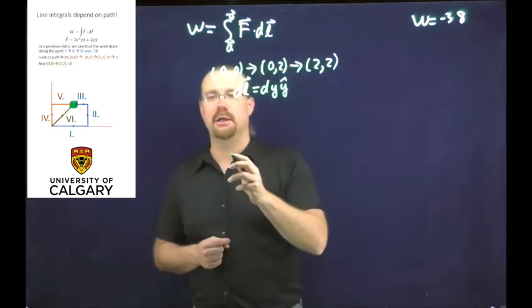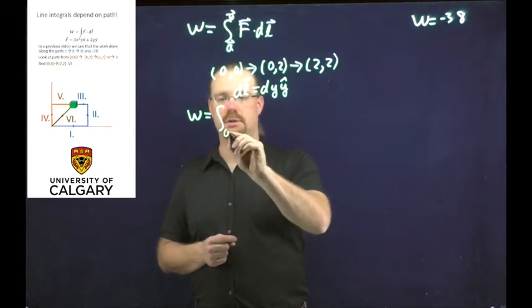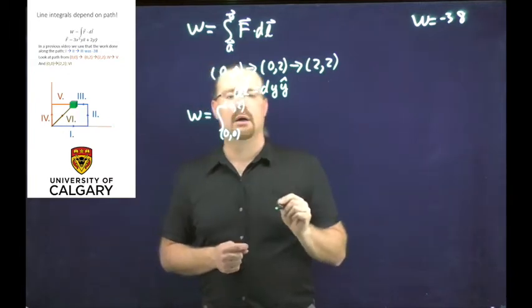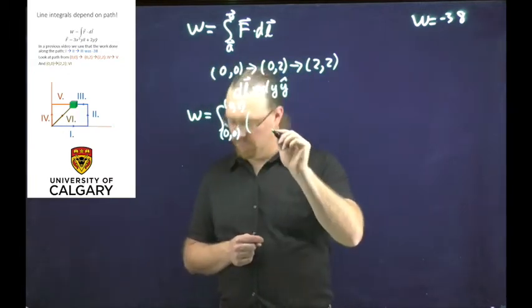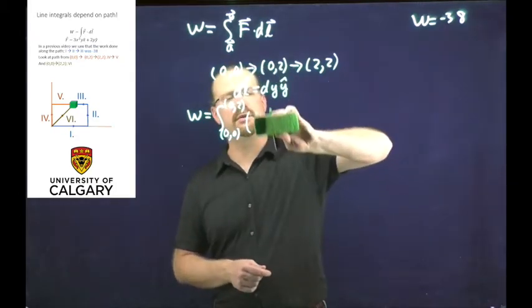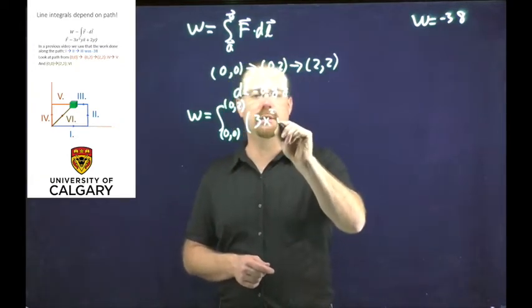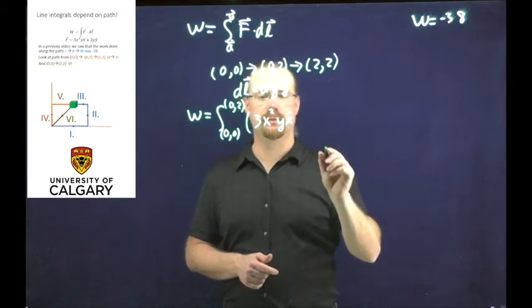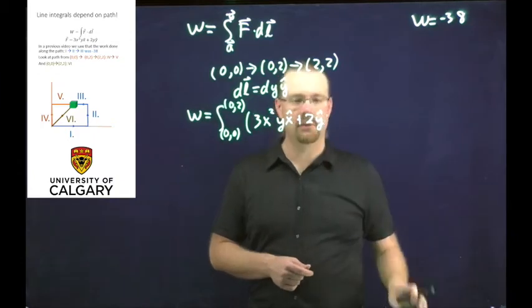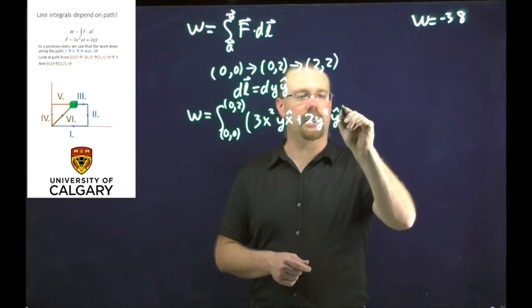So when we do our entire line integral, work is going to equal the integral of force from 0, 0 up to 0, 2 of 3x squared y x hat plus 2y y hat.